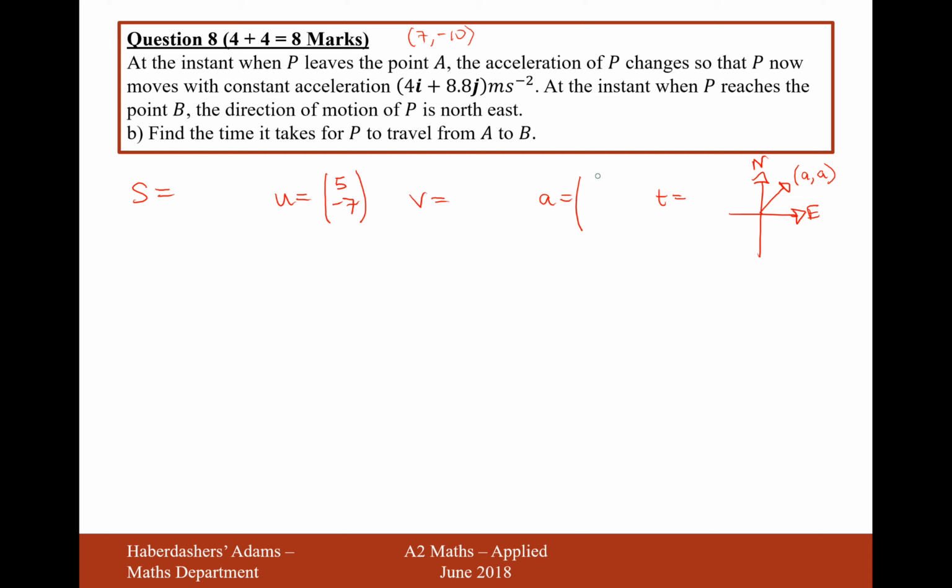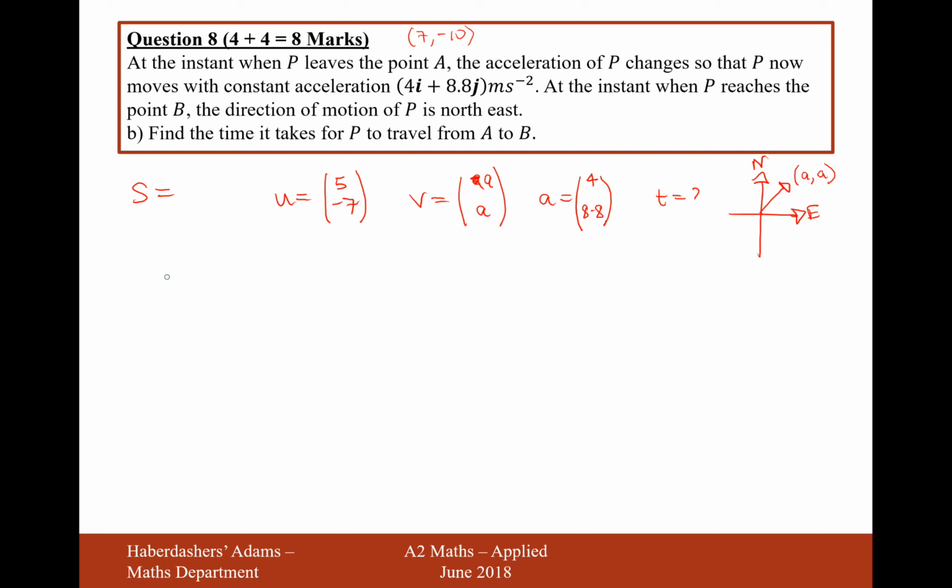We know the acceleration is going to be 4, 8.8. We don't know what the time is, but we want the final velocity to be in some direction that's northeast, where the east component is the same as the north component, so directly northeast.